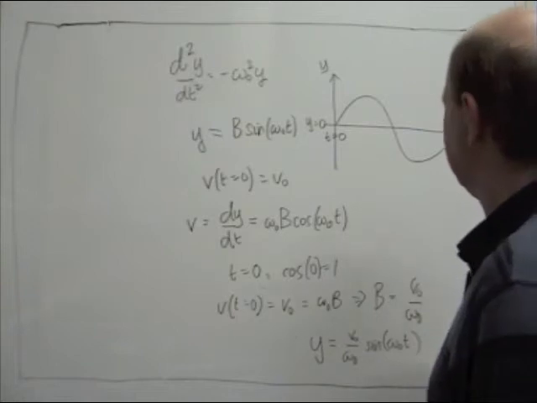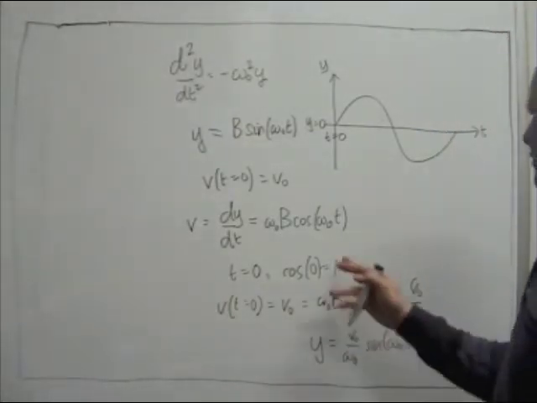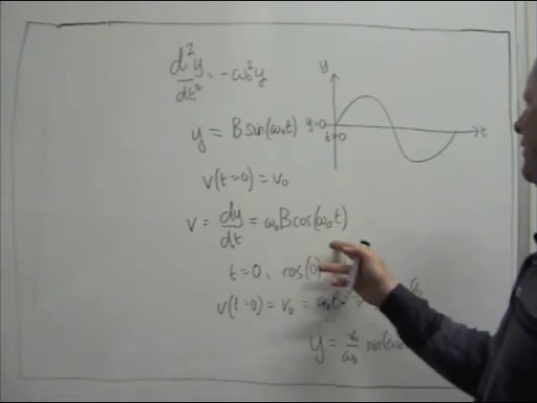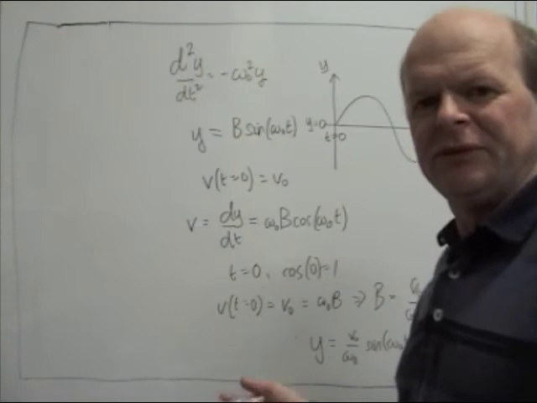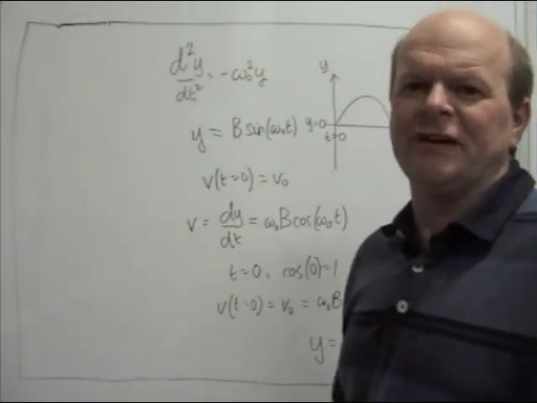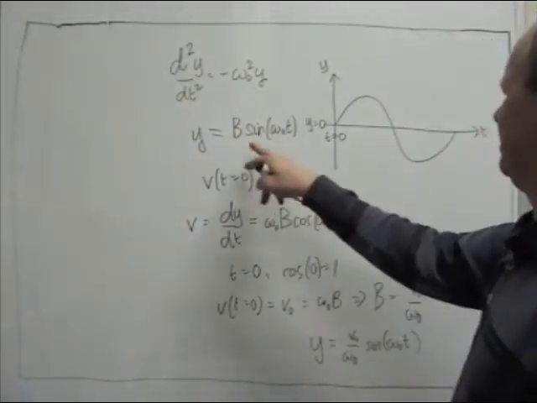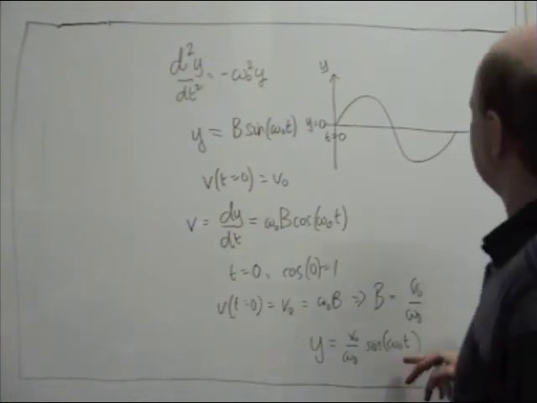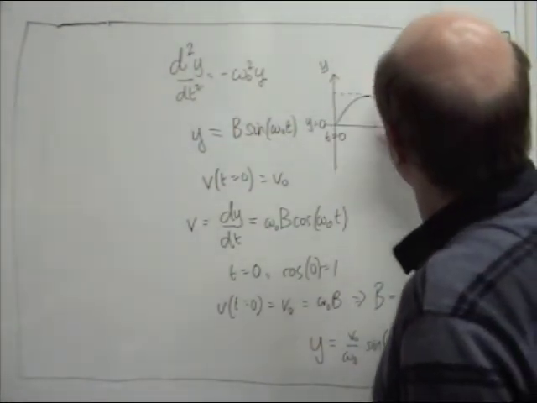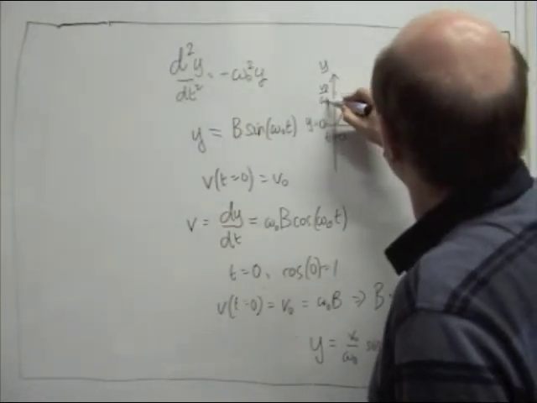We took out the cosine when we were inserting the boundary condition, but that's because the initial condition is valid only at t equals 0. At subsequent times you have to put the time dependence back in, and so that's where you end up with this y of t proportional to the sine wave. So the amplitude of this sine wave here is v naught upon omega naught.